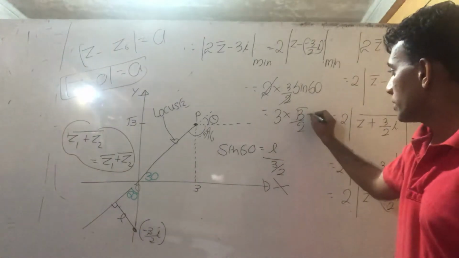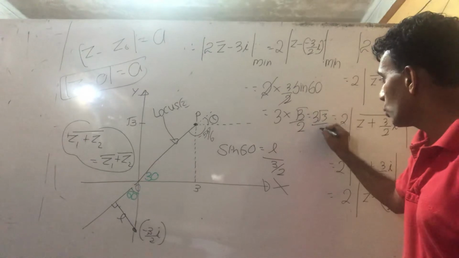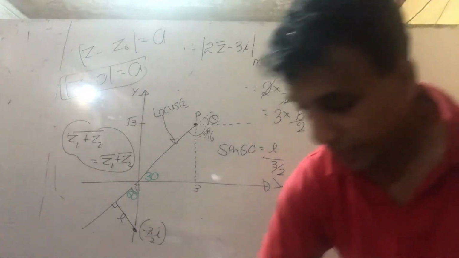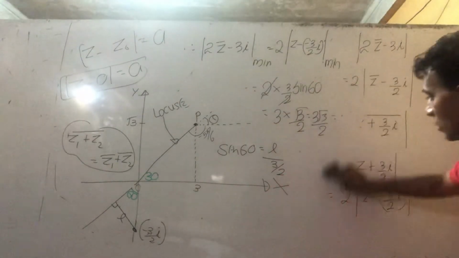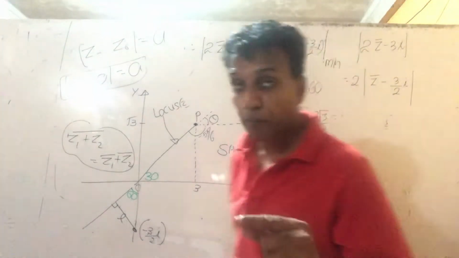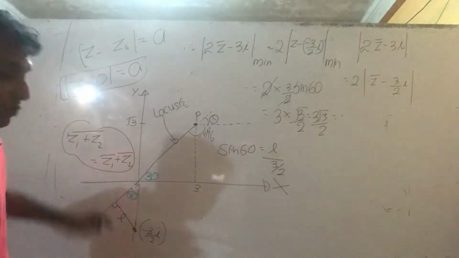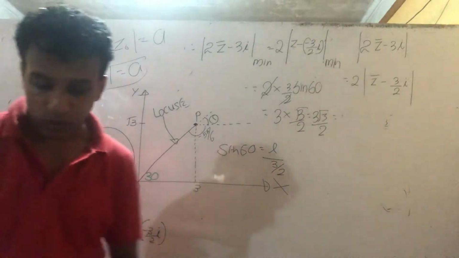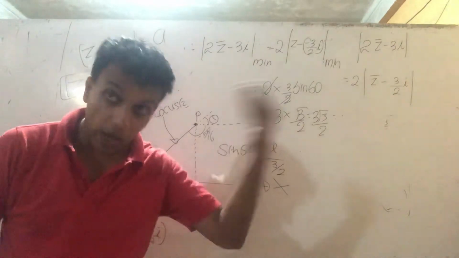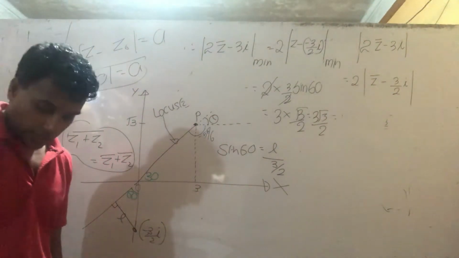So the answer 3 root 3 by 2 is the shortest distance from this point to the locus of the complex number, right? Nice question, can be asked in paper 1 or part 2 also, such locus types. Okay, next question number 7.